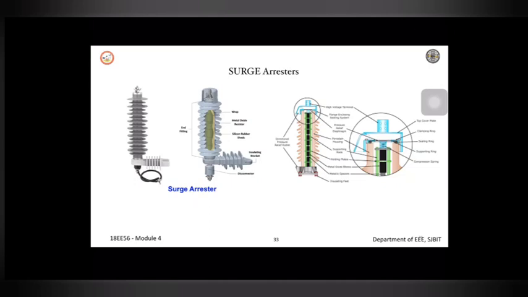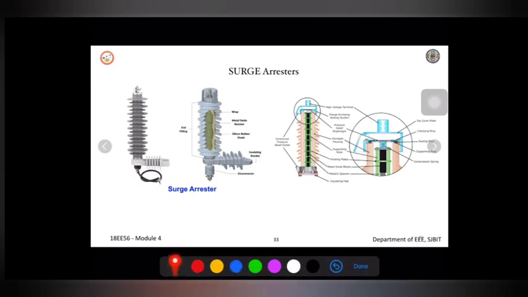If you look at the first figure, it is almost like an insulator. We never identify whether it is a surge arrestor or a suspension type insulator or a disc insulator. So there will be a little bit of confusion. Initially it will look like this if you go with a cut view of that surge arrestor.